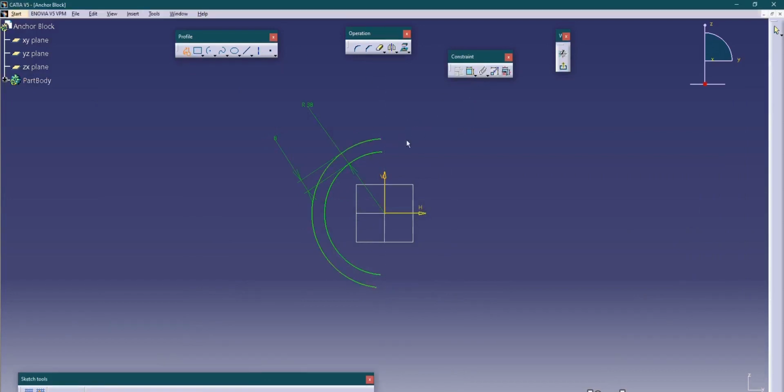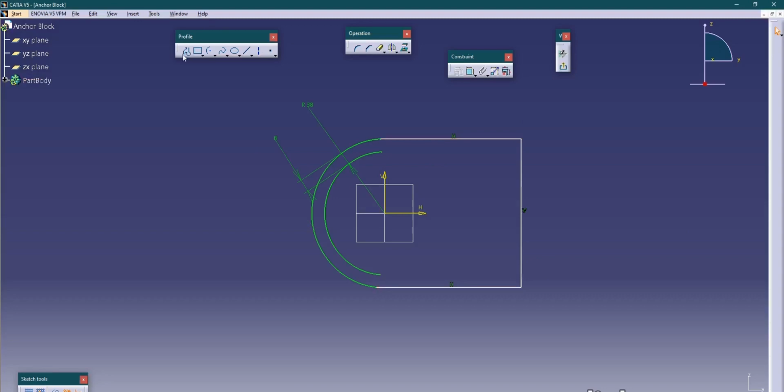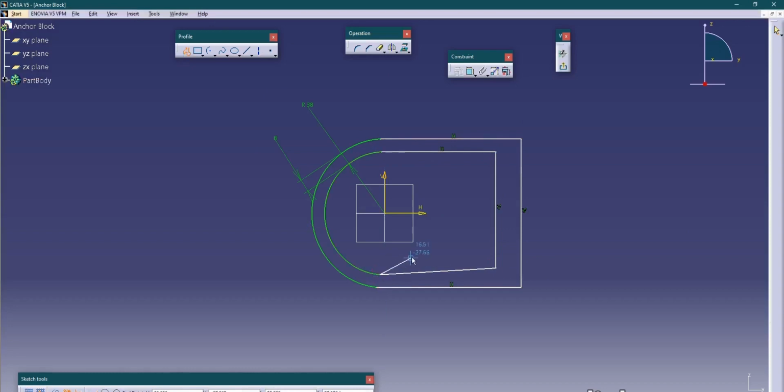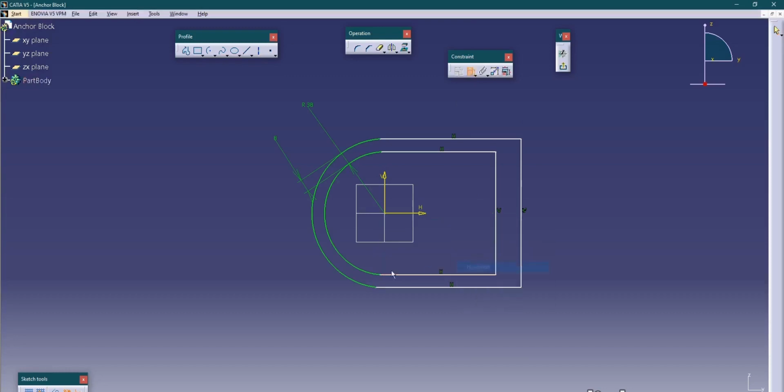Profile to make it a closed loop. Again, horizontal, tangent.